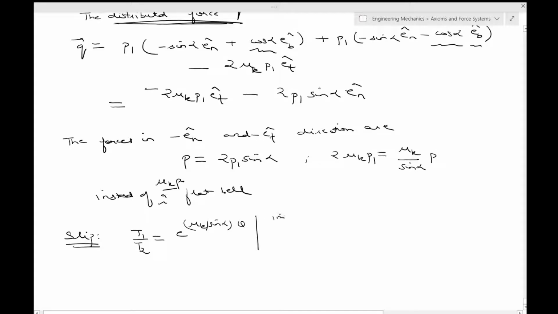For impending slip, T1 by T2 is equal to e to the power of mu s by sine alpha into theta, and for no slip, T1 by T2 is smaller than e to the power of mu s by sine alpha into theta.